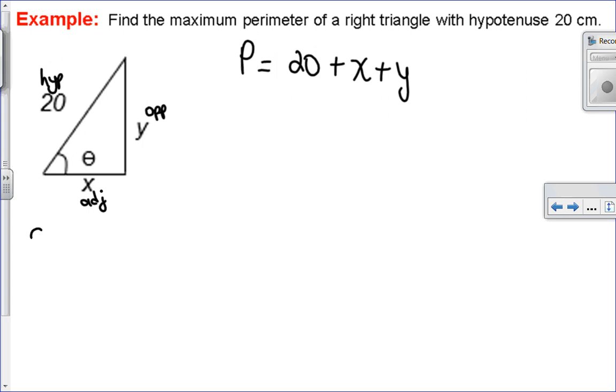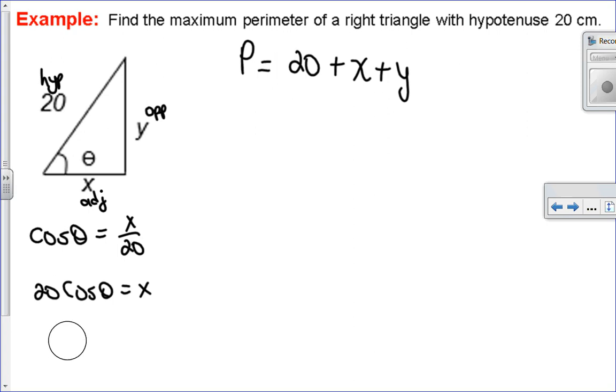So let's write the cosine of theta, which is adjacent over hypotenuse. Multiply both sides by 20, and 20 cos theta is equal to x. Let's do the same thing for sine. Sine of theta is equal to opposite over hypotenuse.